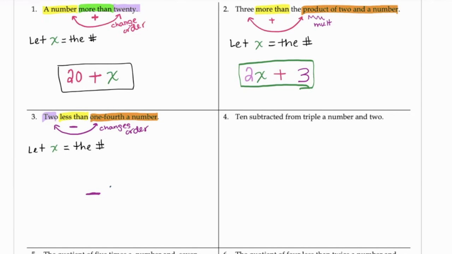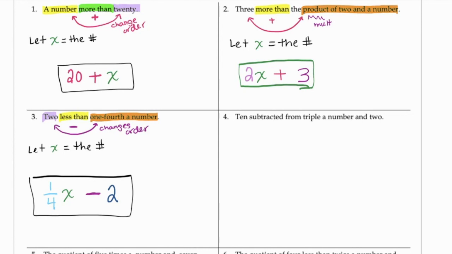So instead of writing 2 in front, I'm writing 2 in back of the minus, and it says 1/4 a number. Okay, 1/4 is 1 divided by 4. That's 1/4. A number. What's our number again? X. So here is 1/4 a number, and we're subtracting 2. So less than and more than, those are the 2 things that you are going to be looking for to switch the order.